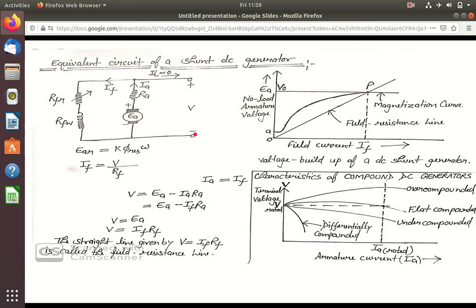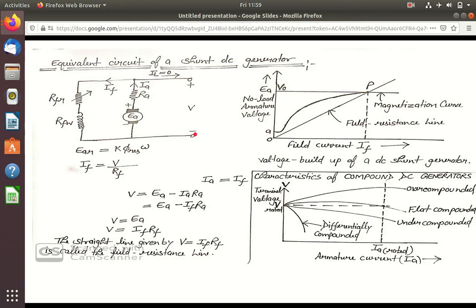So here the generator will build up a desired terminal voltage. Assume there is no load connected to it and the armature is driven at a certain speed by a prime mover. We have the condition under which the voltage build-up takes place.